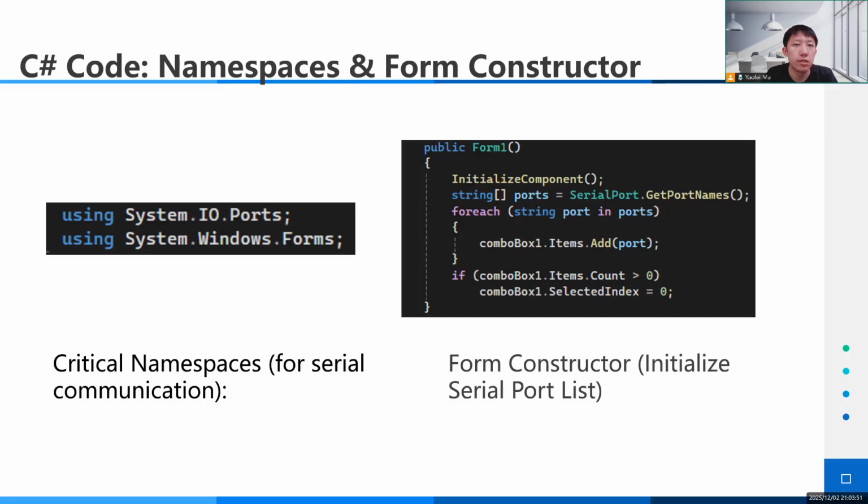It gets all available serial ports on the computer and adds them to the combo box. If there are ports available, it selects the first one automatically to make it easy for the user.